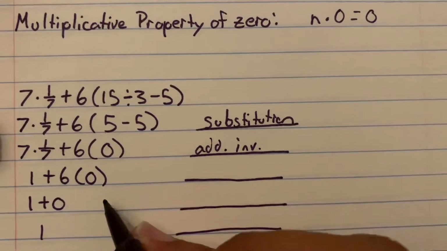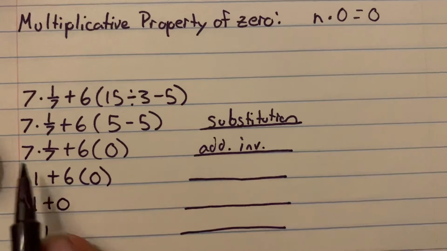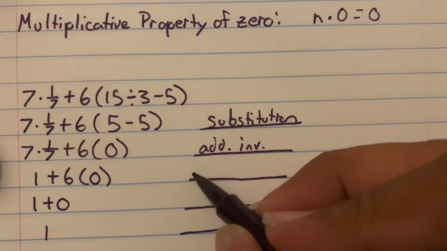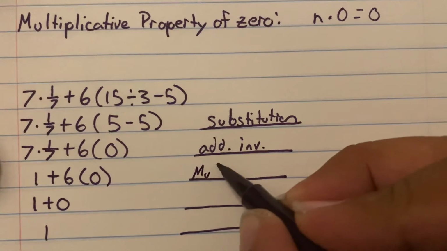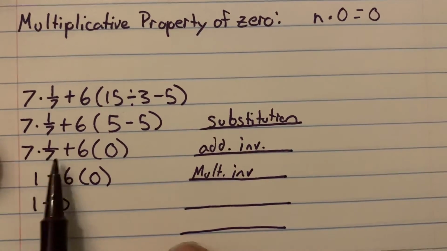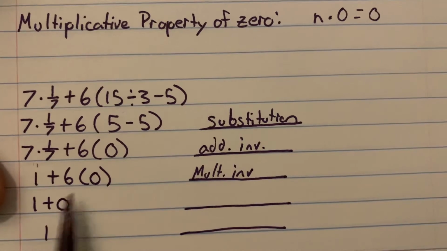You don't tell me what you're going to do next. You tell me how you got here. So how did you get here? Oh, well, this happened right here. This is called the multiplicative inverse. Okay, 7 and 1/7. And then here, from here to the next step, 6 times 0 happened.